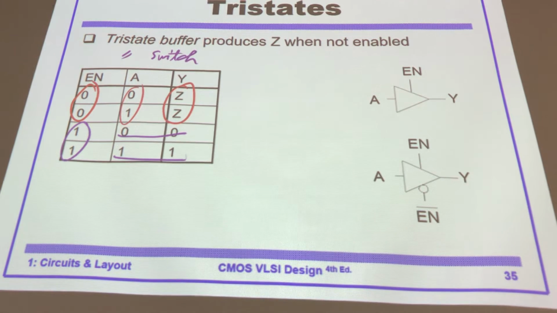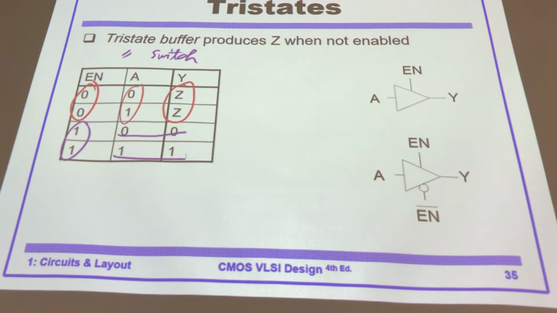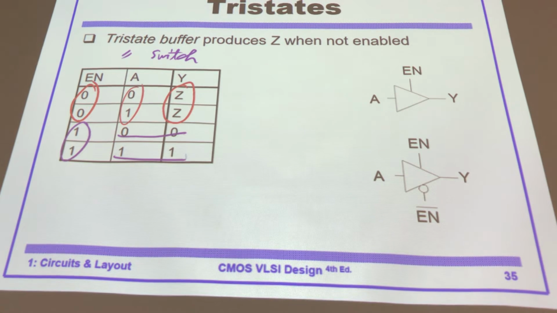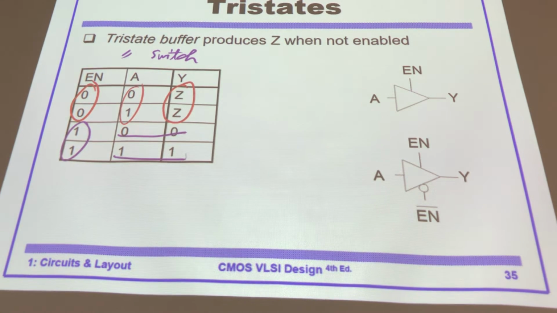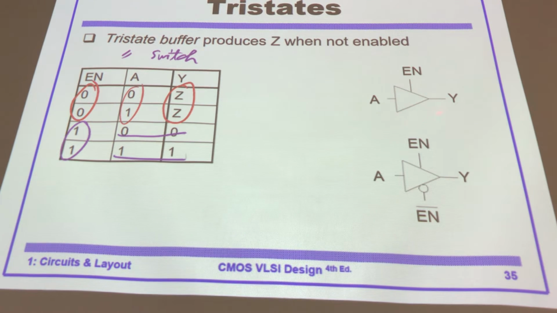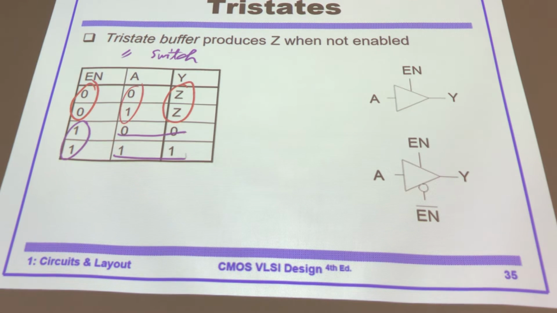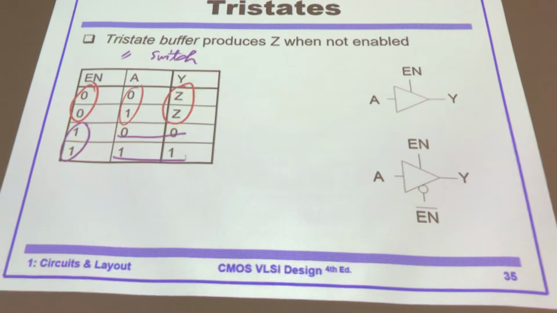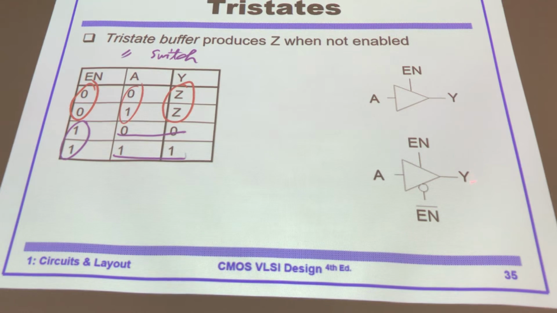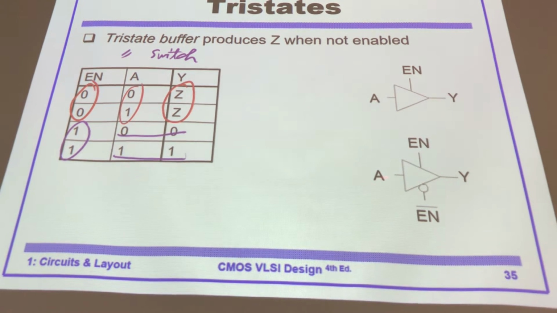So simply put, we turn off the switch and give it no signal source. When enable is 0, you're turning it off. So the Y output has no signal at all. Not 0, not 1, but no signal. Only when enable is 1, you're getting 0 or 1, depending on your input.